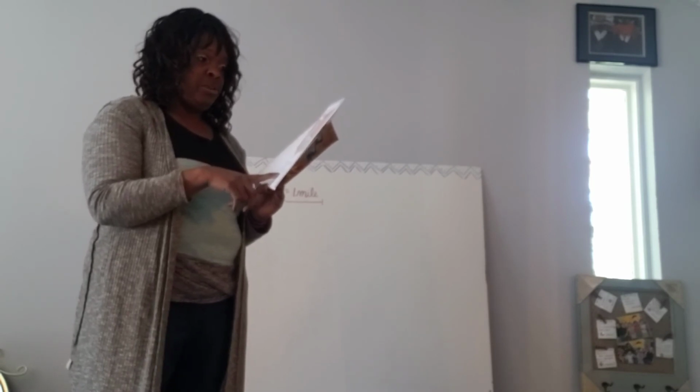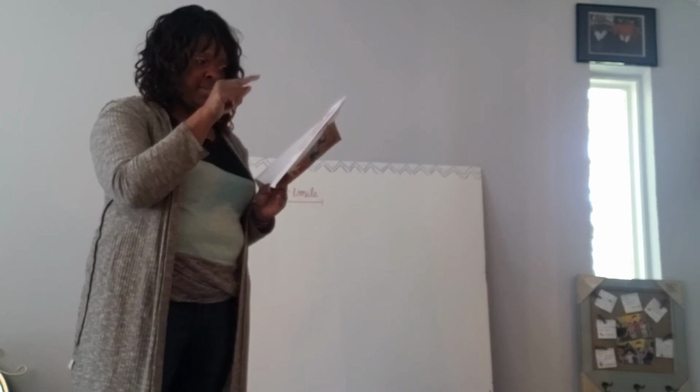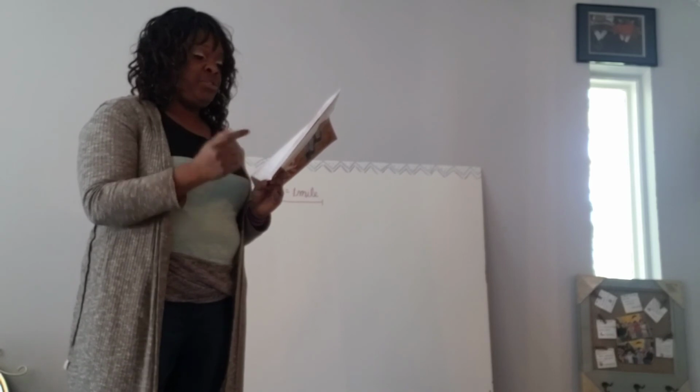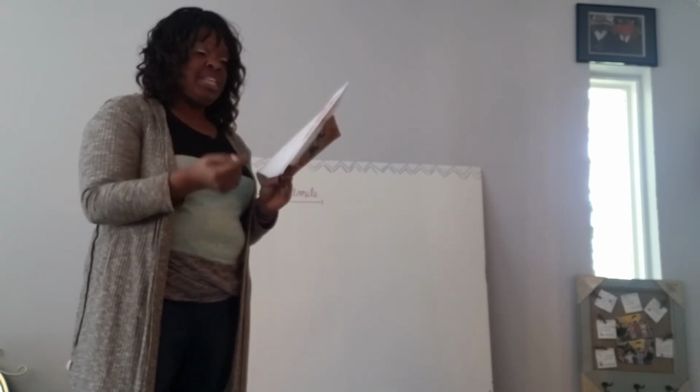So Apache, is it south or west? Then what river runs through the Grand Canyon? So looking at the Grand Canyon, you'll see that there's a river that's going right through it. Then what interstate highway would you take to get from Tucson to Casa Grande? So you're just going to answer those questions.